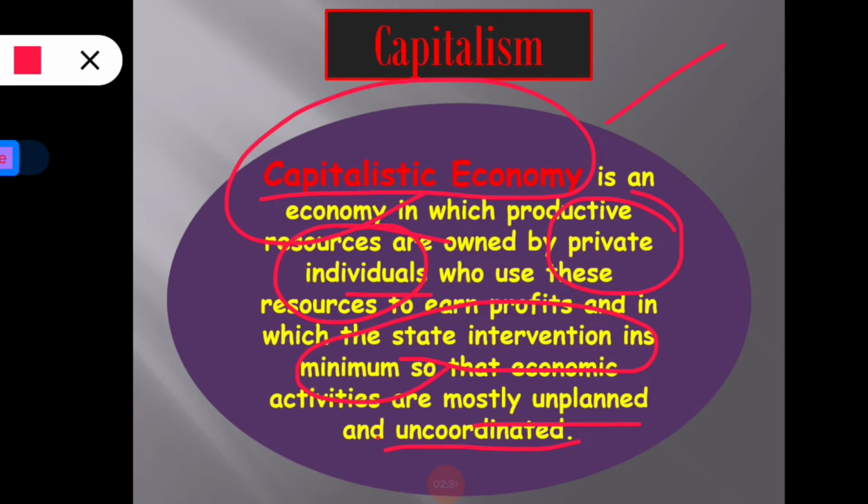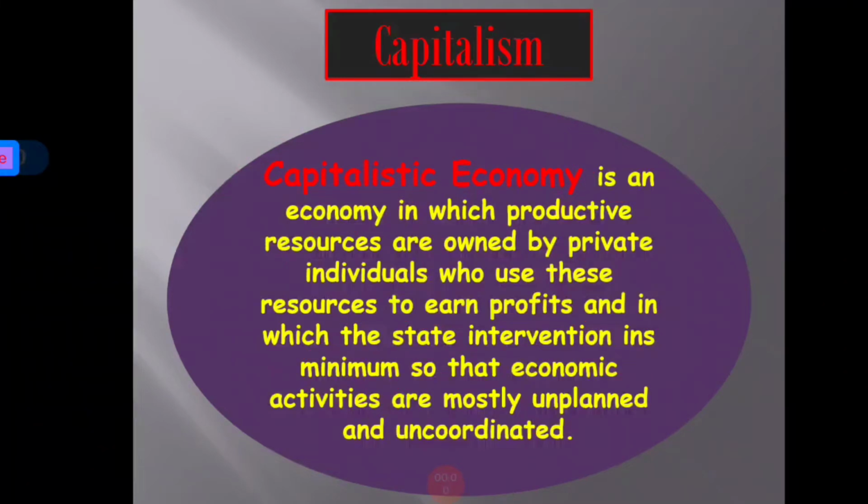All economic activities that occur in a capitalistic economy are mostly unplanned and uncoordinated. I think what capitalism is, is clear to everyone. It is based basically on free enterprise with minimum interference by the government. So now move on to the next slide.